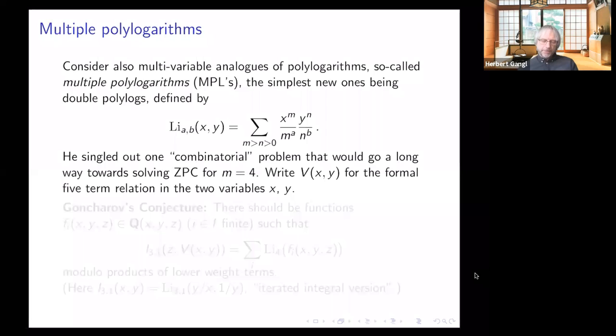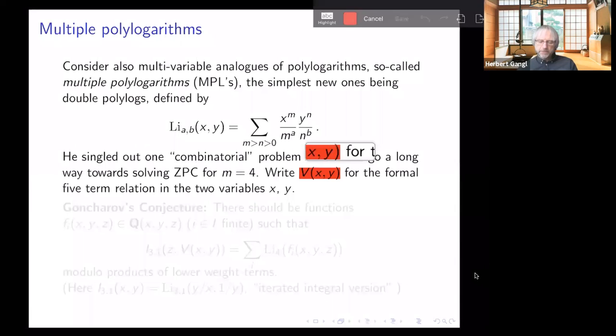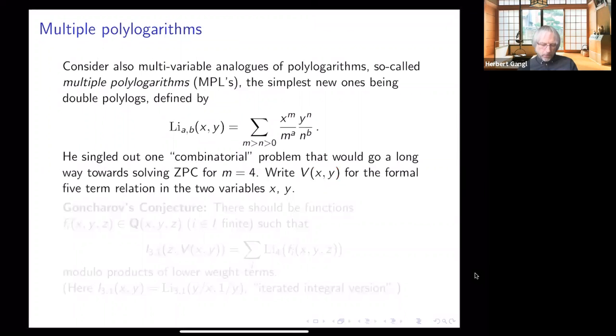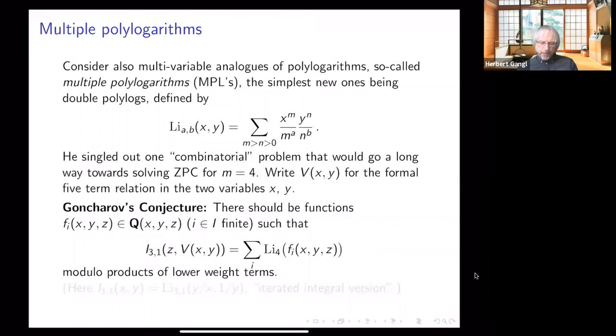So if you write the 5-term relation, I mentioned it before as a 5-cycle relation, let's call it V of x y, with V for the Roman 5. Then the conjecture was that you plug it into that Li31, well, a version of it.